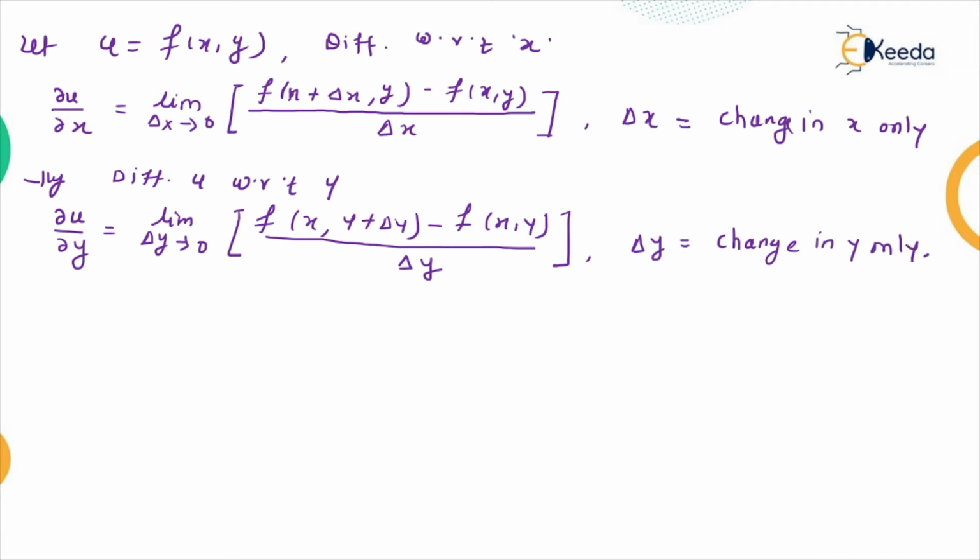So, keeping the other variable as a constant means if we differentiate with respect to y, we keep x as a constant. I hope you understand this definition of partial differentiation.